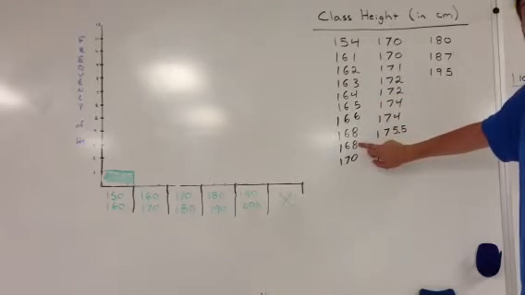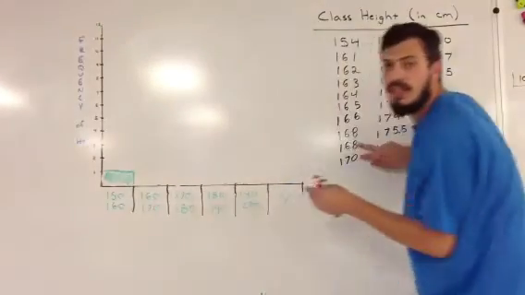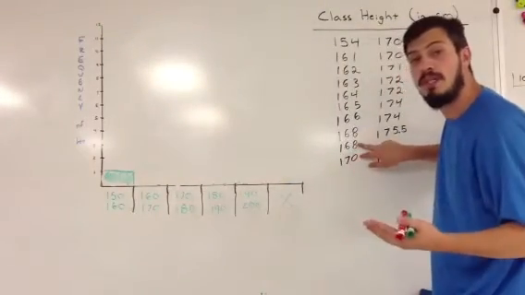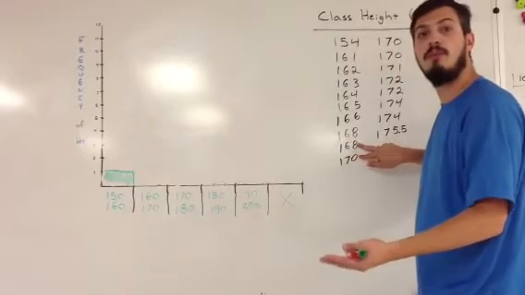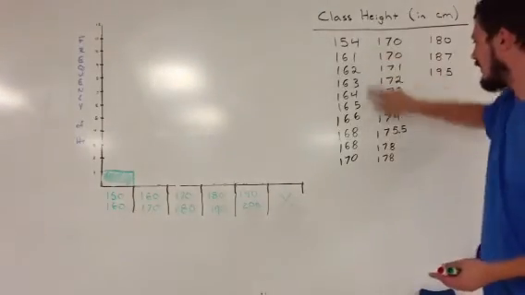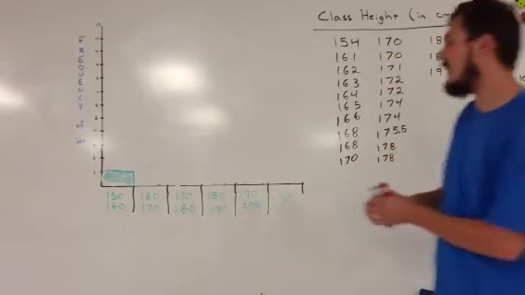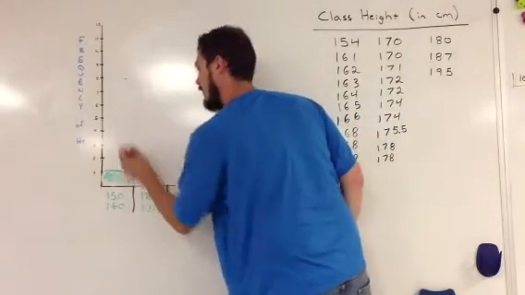I'm not going to count the 170s because that falls right on the line between 160 and 170. If you had your choice of which bin to fall into, you're going to fall into the bin that's larger. You want to have more space if you fall into a bin. So we're going to take our 160 to 170. We have 8. So we're going to go up to the 8 mark.